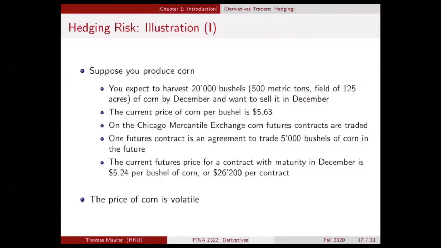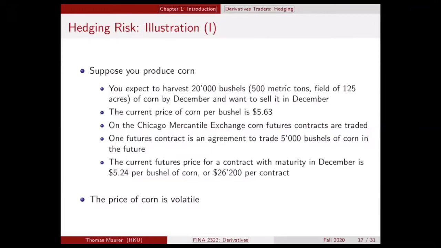Let's look at one very specific example of a farmer who produces corn. And let's say you, the farmer, expect to harvest 20,000 bushels, that's 500 metric tons, or about a field size of 125 acres. And you expect to harvest that corn in December. And of course, once you harvest it, you want to sell that corn.